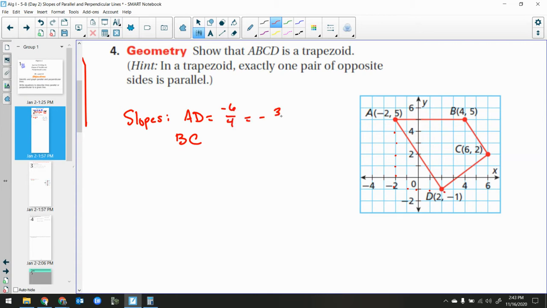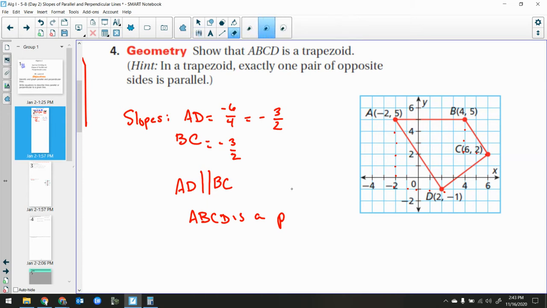So -3/2. Finding the slope for BC, down 1, 2, 3, right 1, 2. -3/2. So therefore, since the slopes are the same, we know that AD is indeed parallel to BC, which means that ABCD is a parallelogram. Oh, not parallelogram, excuse me, trapezoid. Trapezoid. All right, cool.